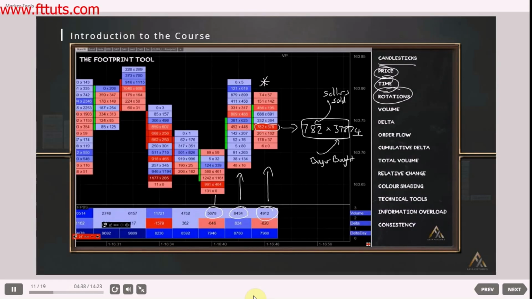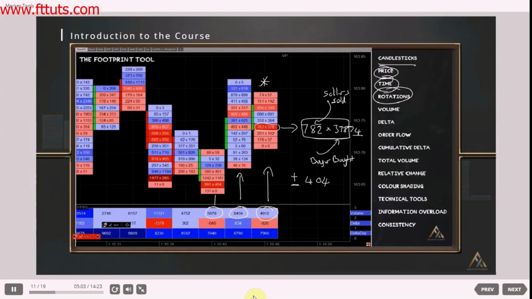Now the net difference between the two, 404, is simply regarded as the delta. So it's the net difference between how much volume a seller has sold and how much volume a buyer has bought. Now that net difference can be represented as a positive or a negative.